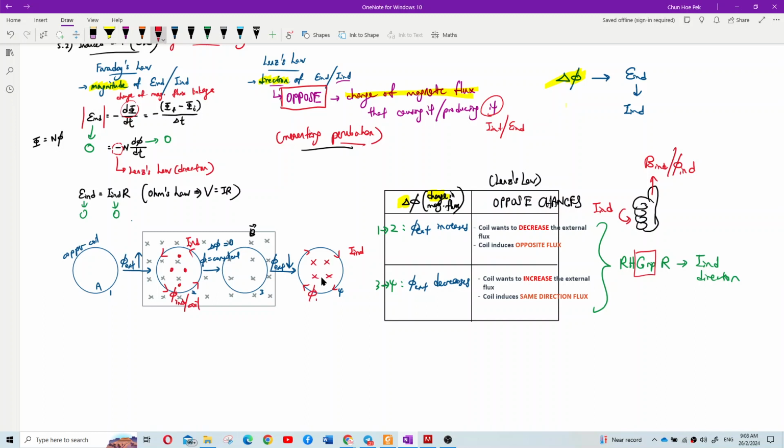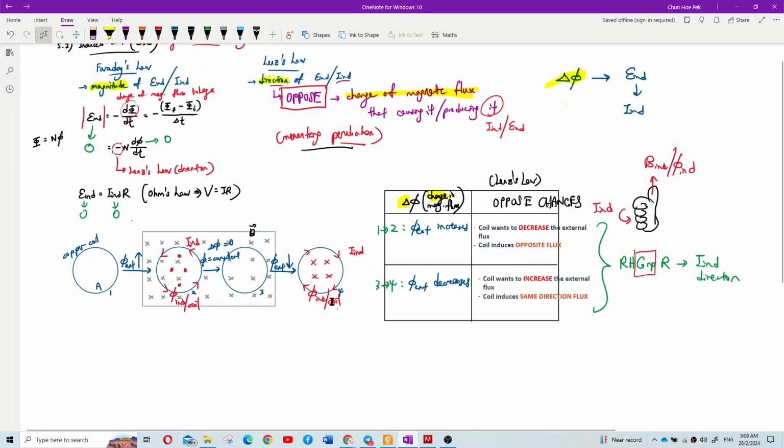The induced flux, or flux from the coil, is into the paper. This flux is generated by this coil. But how does this coil generate the flux? It must have induced current first. It must have induced current first, then there is induced flux going in. So now use your right hand grip rule.